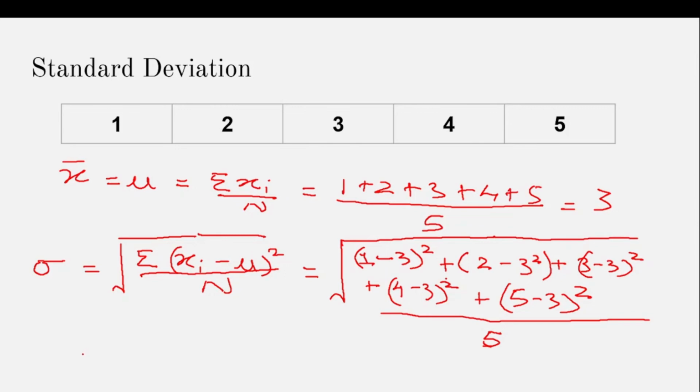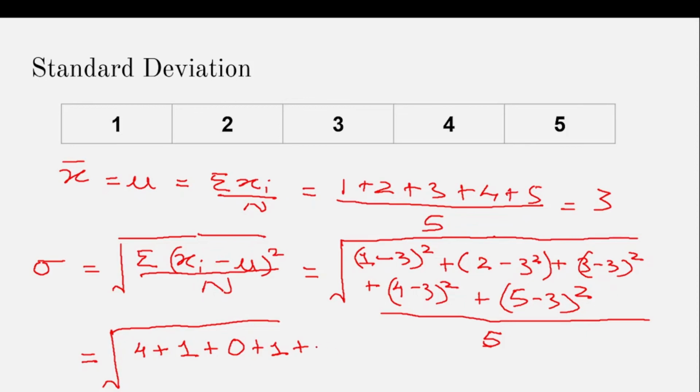On calculating this, I'll get my standard deviation as the square root of: 1 minus 3 is minus 2, minus 2 squared, I'll get 4. 2 minus 3 squared will be 1. Plus 3 minus 3 is 0. Plus 4 minus 3 is again 1, so 1 squared is again 1.